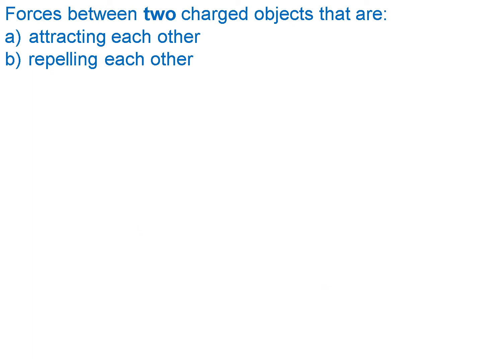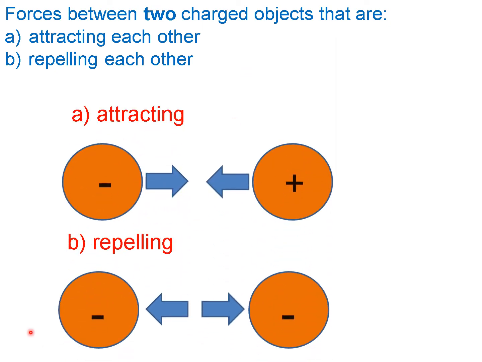So if we were going to draw a diagram of objects that are attracting and repelling each other due to electrostatic force, then they might look a little bit like this. So we've got these two objects. Both are exerting the same force on each other, and they are attracting because one of them is positive and one of them is negative. So opposite charges attract, and they're going to exert the same size force on each other, and they're going to be in opposite directions, but they're going to go towards each other.